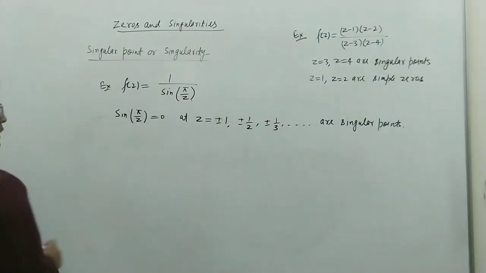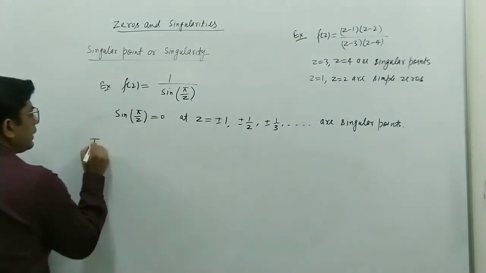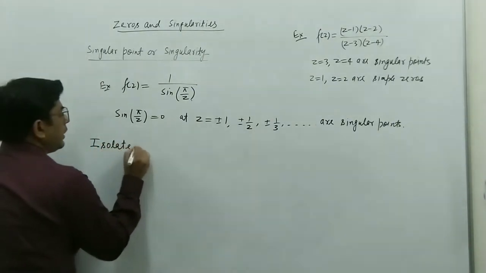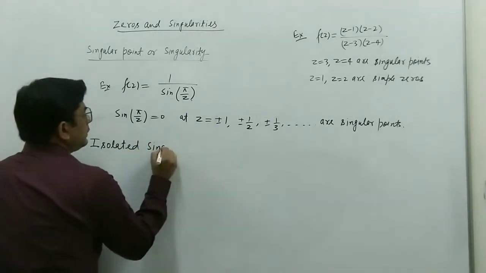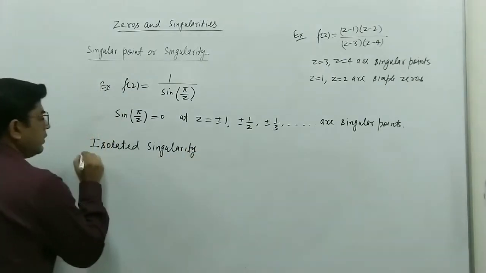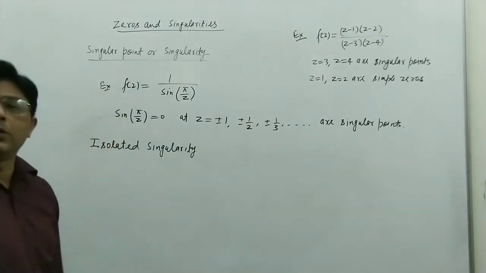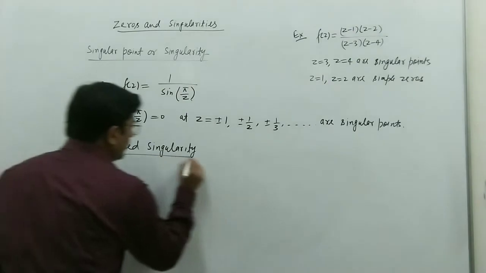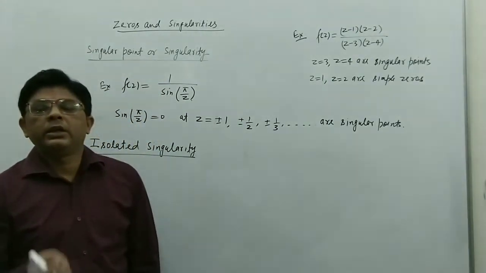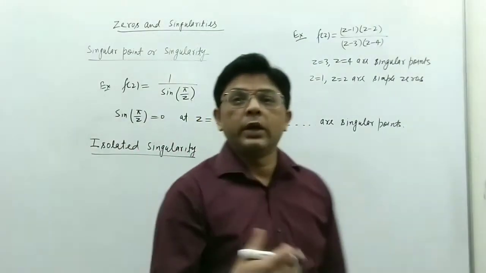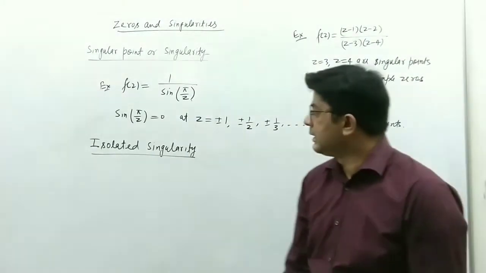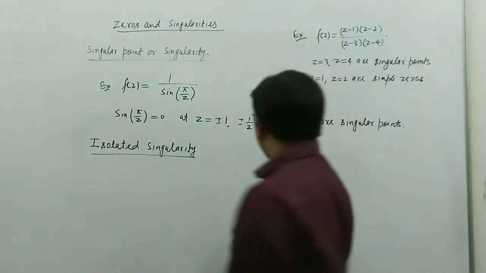So now we define one more thing, one more definition: isolated singularity and non-isolated. There are two types of singularities, isolated and non-isolated. So if we have a singularity z0 and if there is no other singularity in the neighborhood of this z0, then we say that this z0 is an isolated singularity.